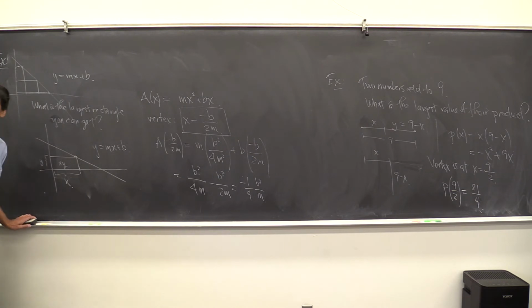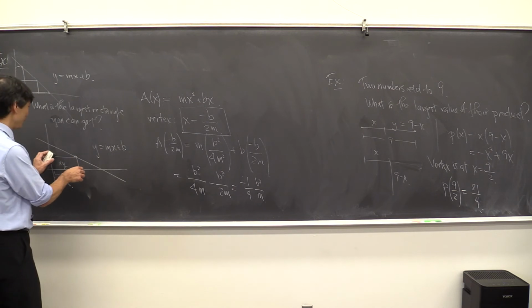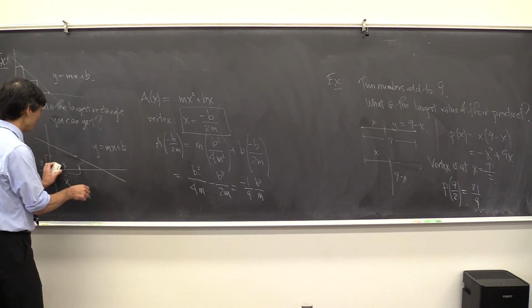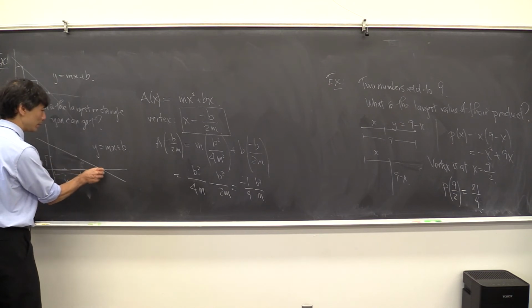Anybody see what that is? Phoebe? It's the negative b over... Yeah, but there's actually a sort of geometric meaning to this. So what's this point here?